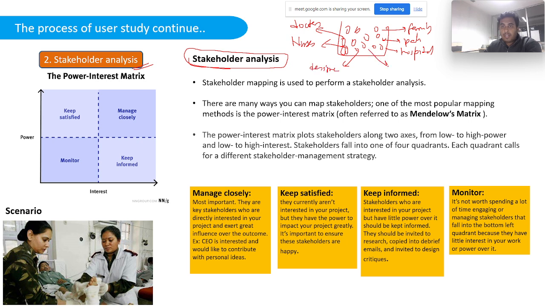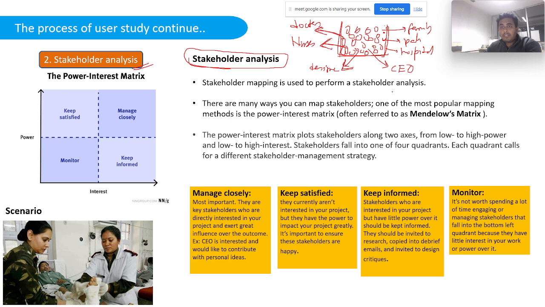The person under whom you are working, probably the CEO of a company, that person also falls under the stakeholder list. Now you need to map these stakeholders and try to understand what roles they play and how important their role is in the context of your project.